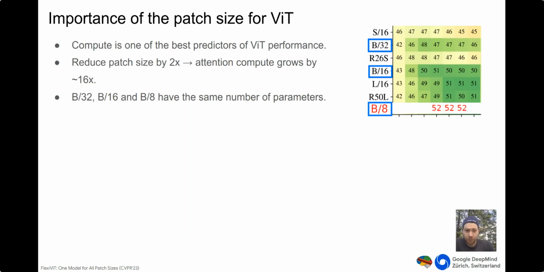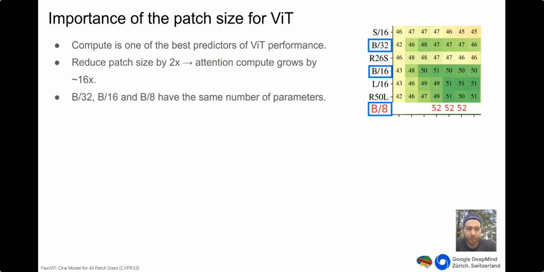Now, for the somewhat longer story, I'll start with a bit more background and motivation. One of the things we noticed over time is that for ViT models, compute is a very good predictor of performance. There are different ways commonly used to change compute of a ViT model, for example, changing its depth or width or MLP size.